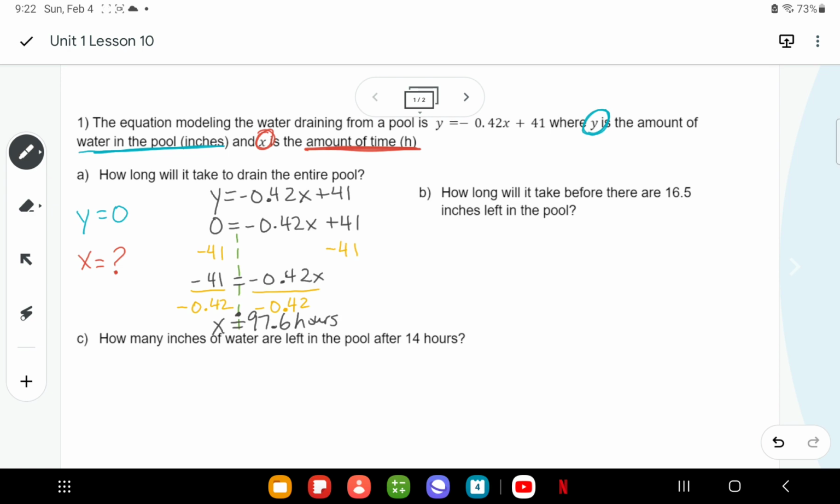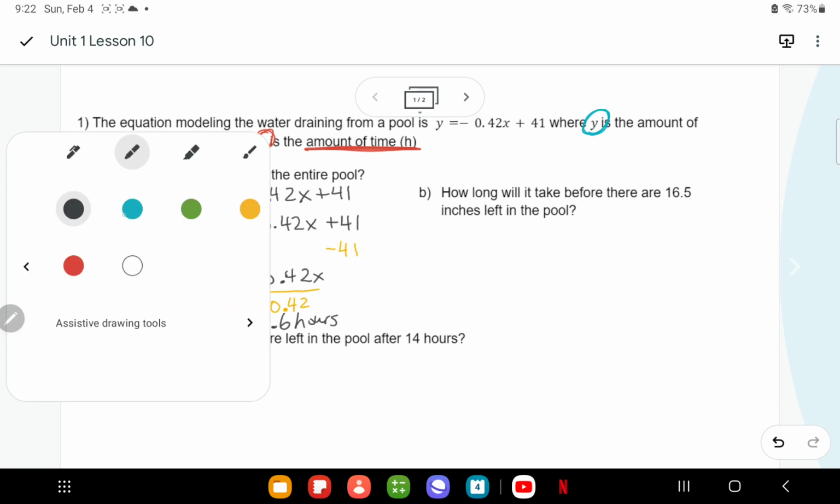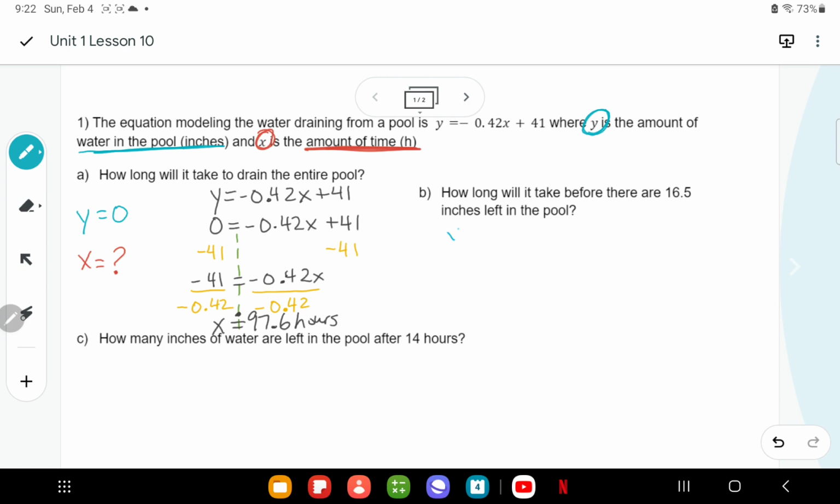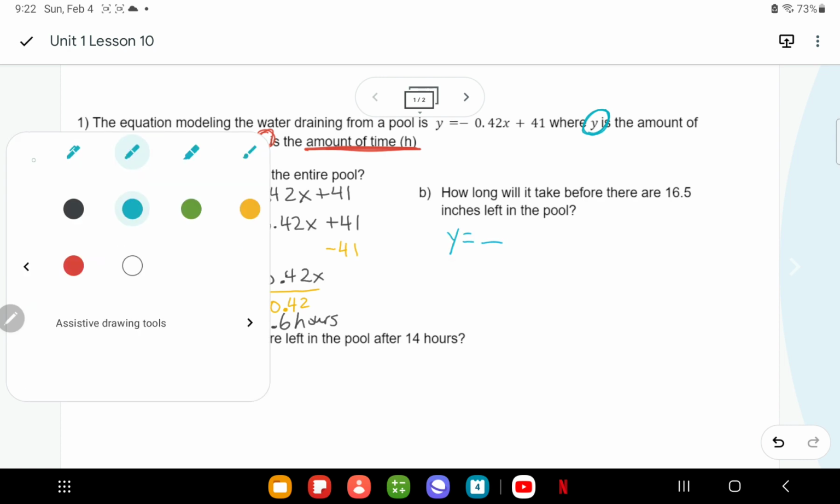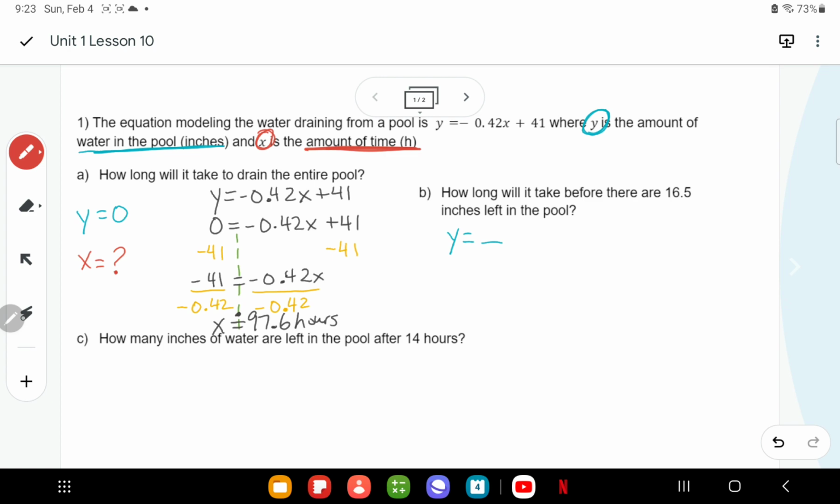So let's look at part B. Here we go. How long would it take before there's 16.5 inches left in the pool? So again, I really want to focus on what each variable means. I've got y, which is the amount of water in inches, and x, which is the time.